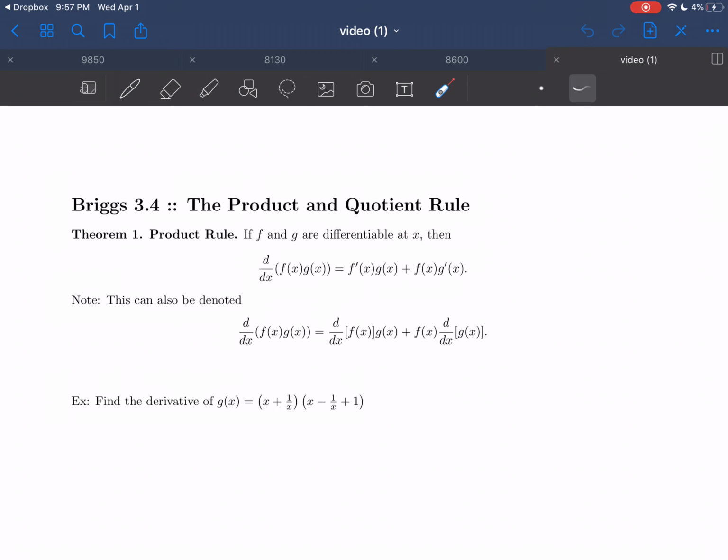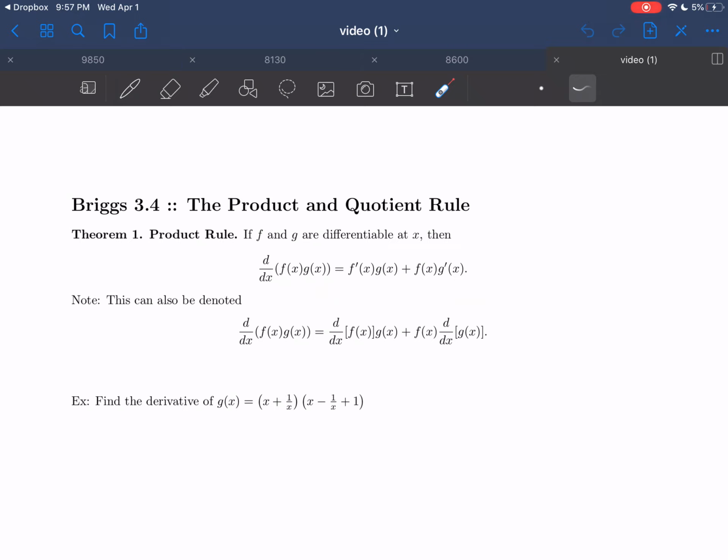Okay, so the first one we'll talk about is the product rule. The product rule is that if we've got two functions that are both differentiable at some point x, then the derivative of their product, or if we're multiplying the two functions together and taking the derivative of that, is going to be the derivative of the first times the original second, plus the original first times the derivative of the second.